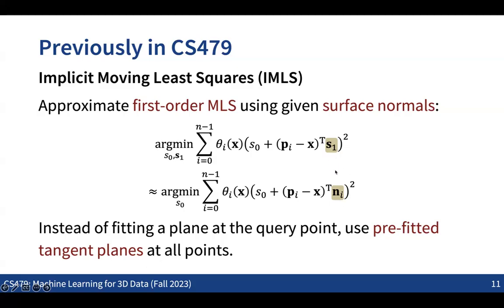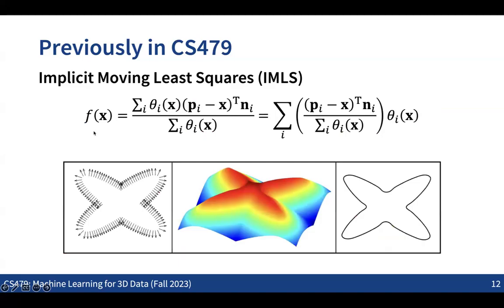By replacing this normal information, we don't need to solve the eigenvector problem, but can simply calculate all the function values by evaluating this function, which becomes much faster.